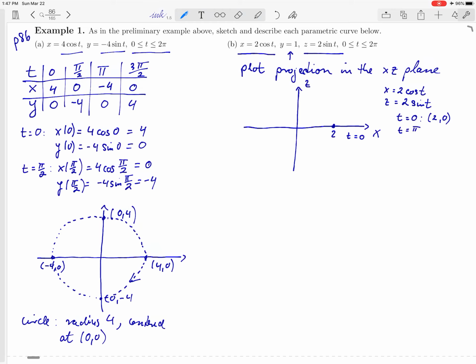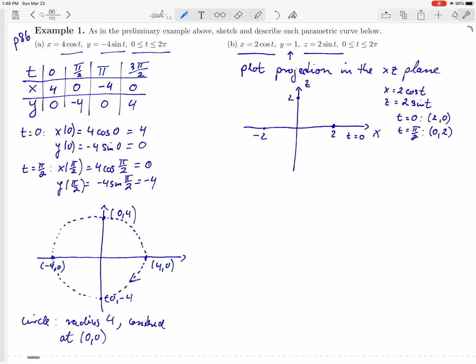At t equals pi over 2, we are going to have 2 cosine pi over 2, that is 0, and 2 sine pi over 2, that is 2. So we're getting the point up here on the z-axis. And if we do this for pi, you will find that you get the point minus 2, 0.